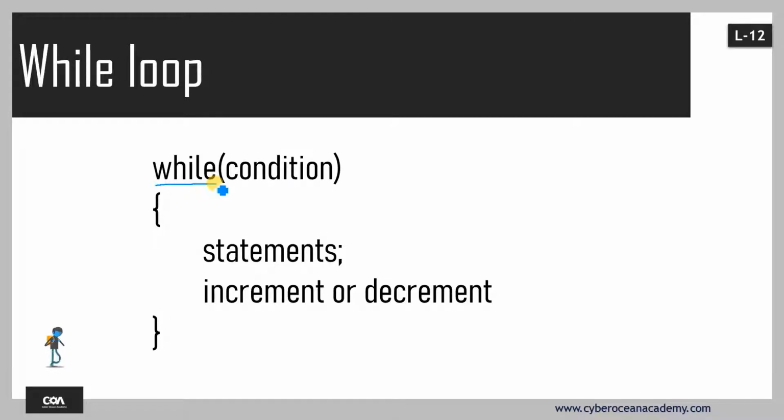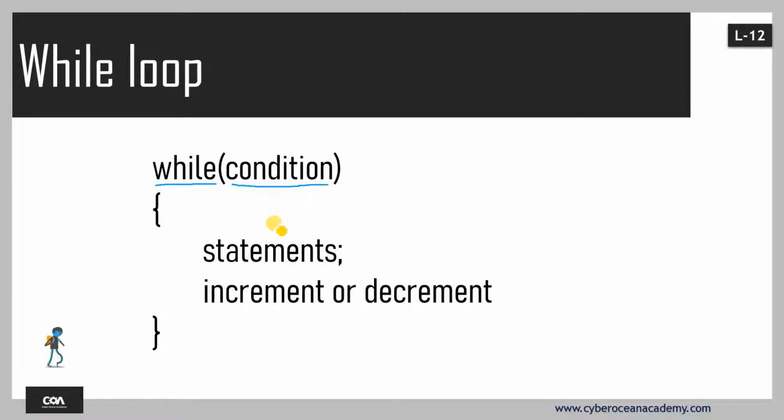As you have already seen in an if statement and else statement, there is a condition. In the same way we have a condition here, and every time the loop runs it checks its condition.